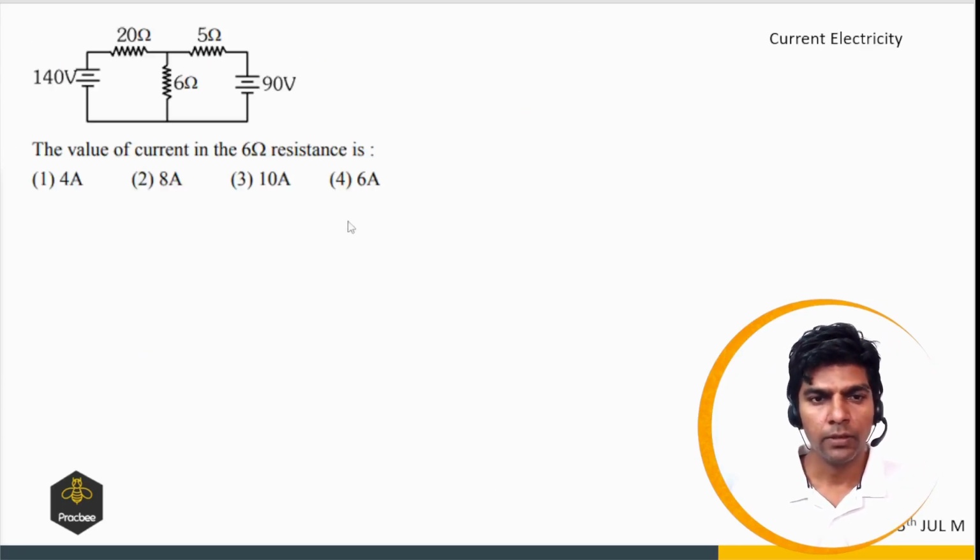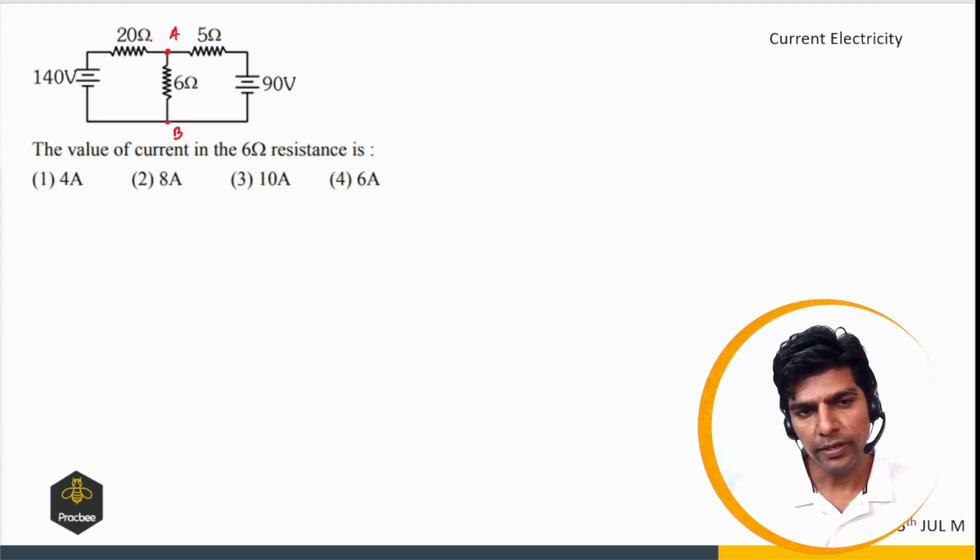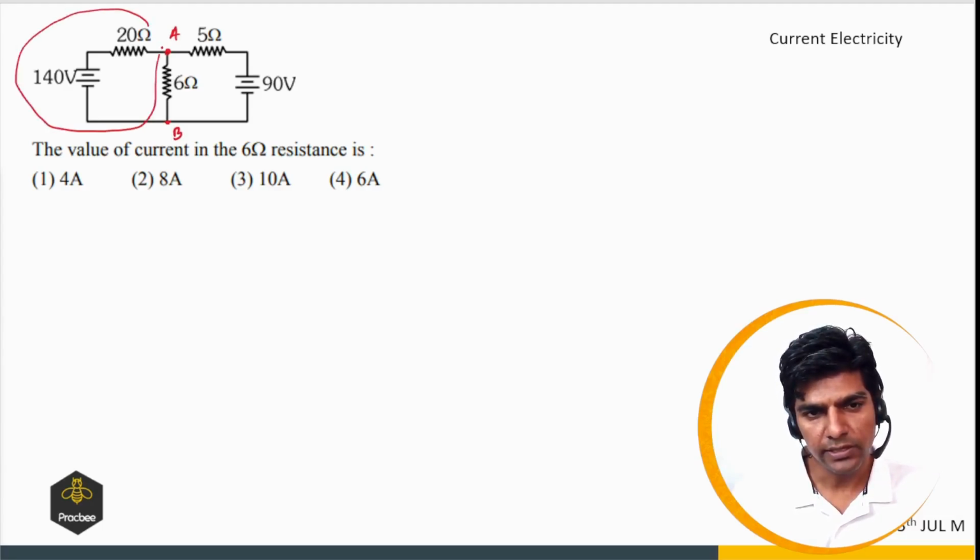Now let us see this question. The value of current in 6 ohms resistance. Right, so if you look at this, if this point is A and this point is B, between A and B there are two real cells connected. So these are two real cells.